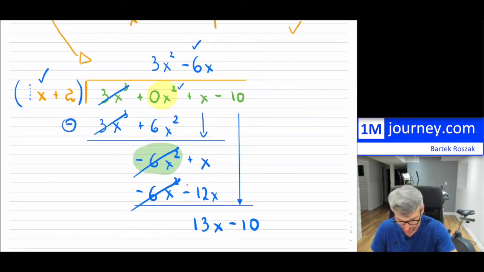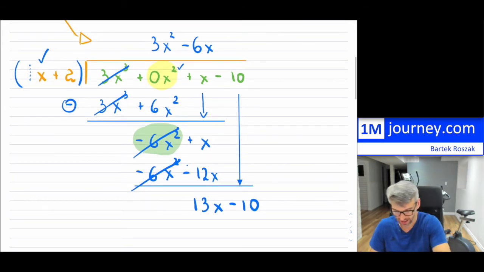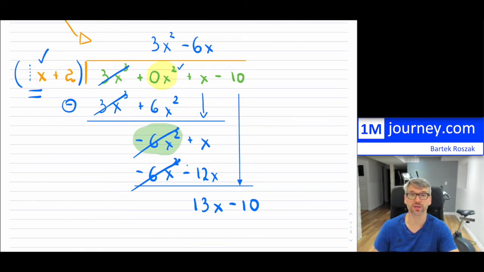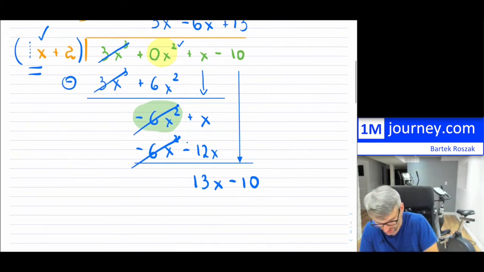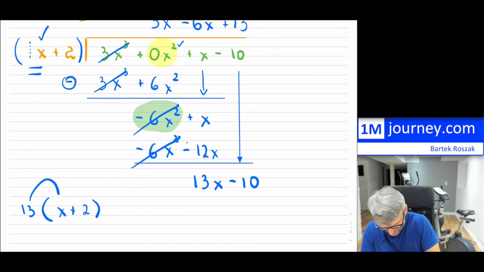So my last item to fill in: I'm going to try to get rid of the 13x that I see there by multiplying by this. So what should I put in there? Well, I already have an x, so I don't have to put an x on top. I'm just going to put plus 13, because this 13 times x plus 2, if I distribute it, gives me 13x plus 26.